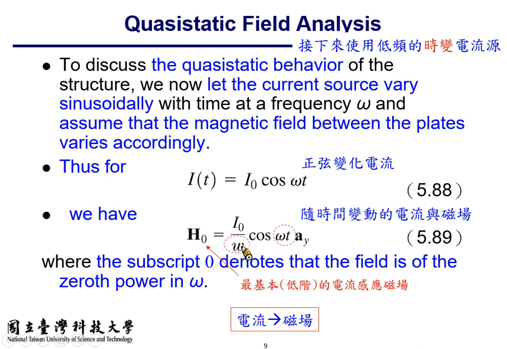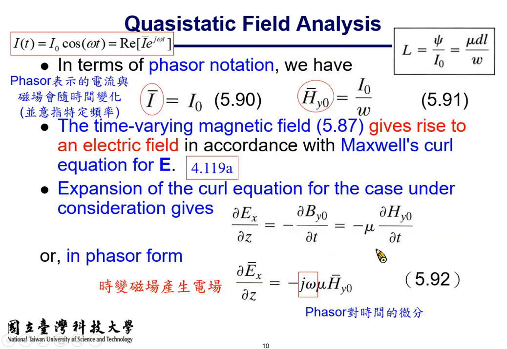The symbol on the outside is W, the width of the structure. And this is the so-called fundamental mode, the zeroth order magnetic field due to the presence of current.